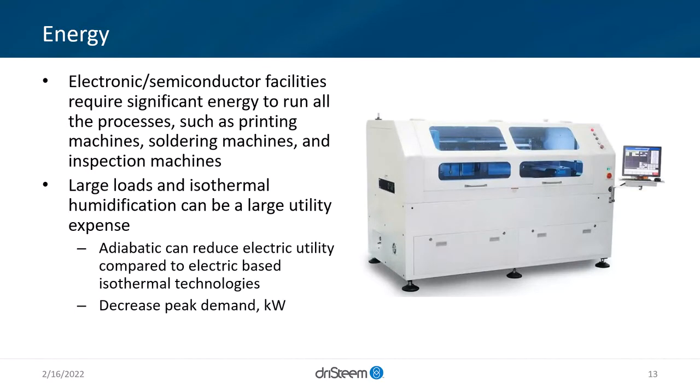So, energy. Energy is a big deal in this sector, and they're really a large energy user. Just from the processes themselves, there's a lot of heating and cooling and different printing technologies and different things that generate waste heat that we could potentially benefit from with adiabatic solutions.